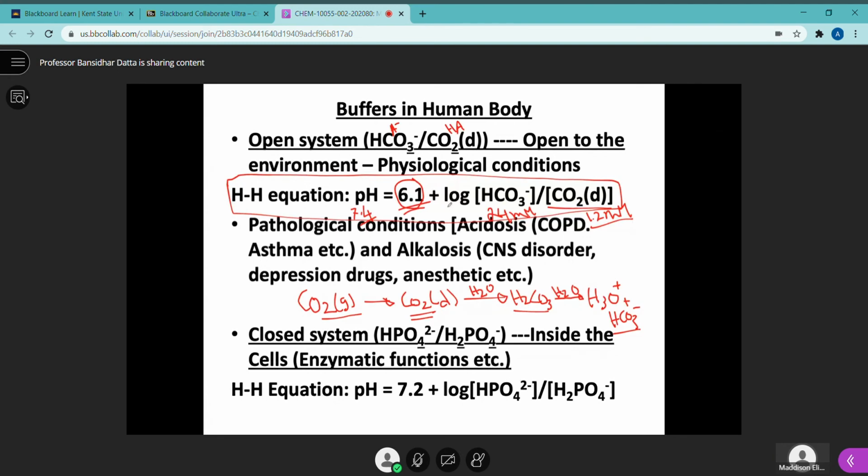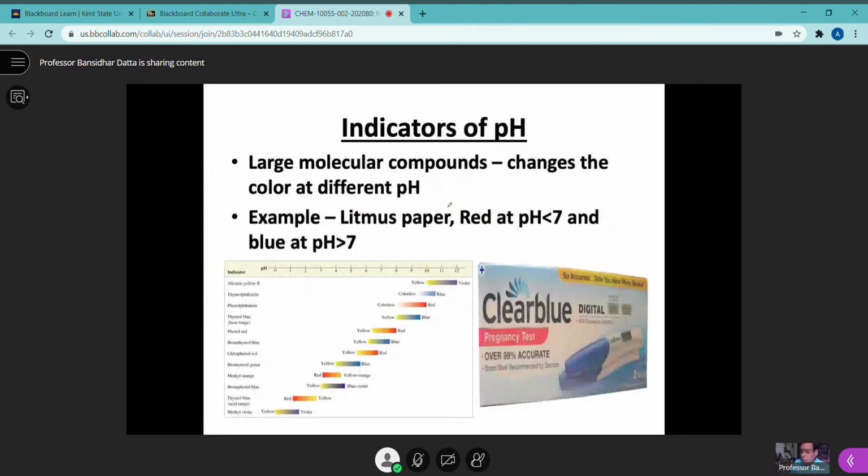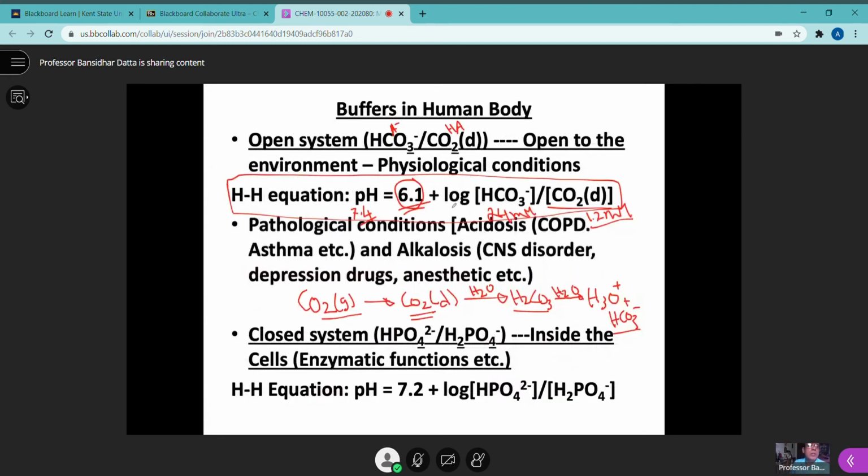Any questions? All right. If not, since this equation depends upon the concentration of carbon dioxide dissolved, and that can vary, therefore it has two different conditions called pathological conditions. These are very bad, by the way.